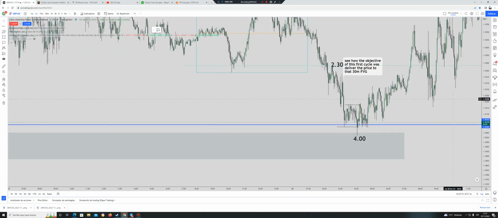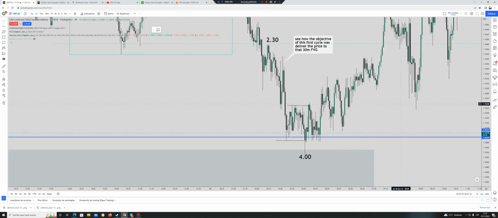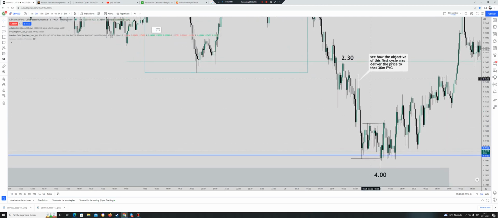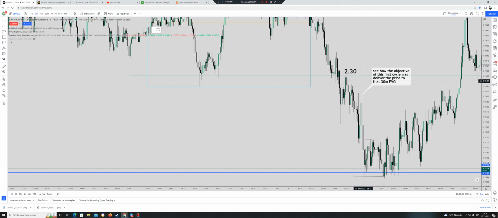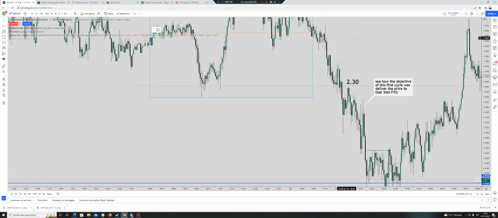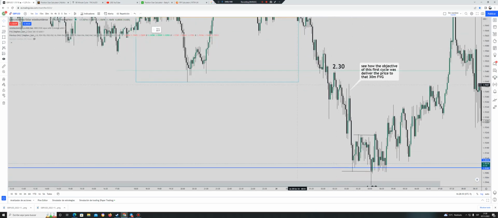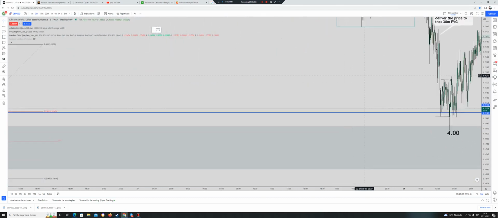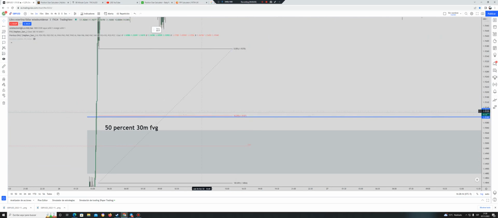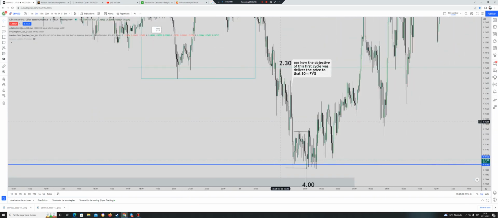So yeah, that is basically what I'm explaining to you here, the two cycles, but yeah, that's what the first cycle does. It moves price to take those highs or lows, the Asia high, the Asia low, or basically moves price to those liquidity pools such as fair value gaps and order blocks at those points.